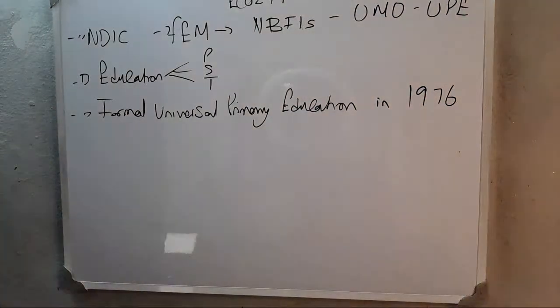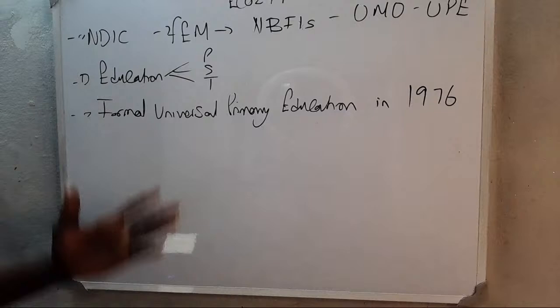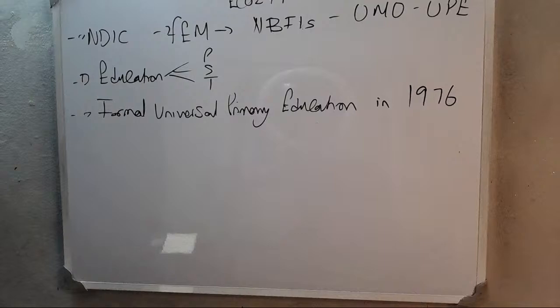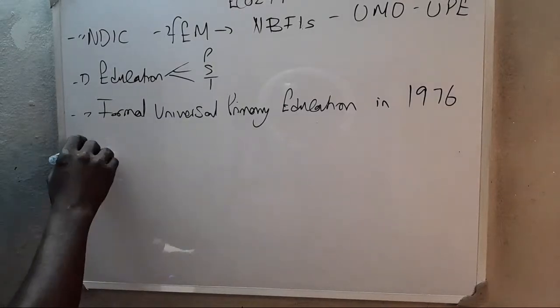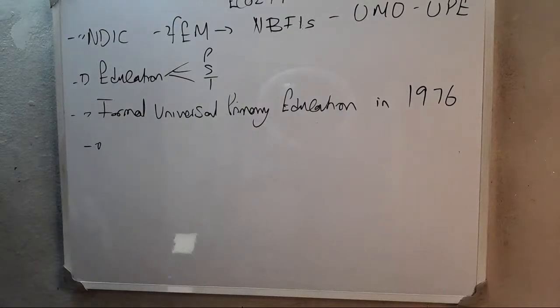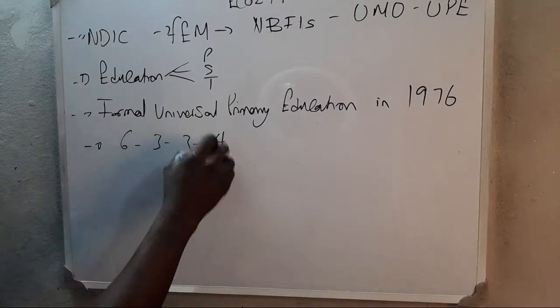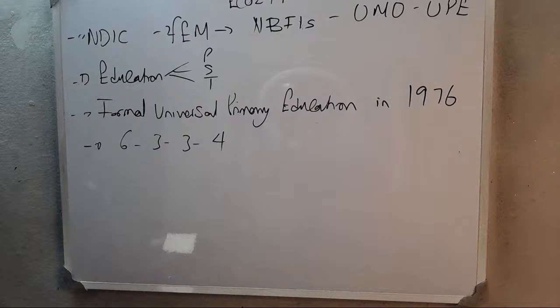Currently this UPE, universal primary education in 1976, is still the current universal basic education system. Now the Nigerian secondary education is for 12 to 18 year olds, based on 6-3-3. Speaking of the educational system, it is based on the 6-3-3 system of education.